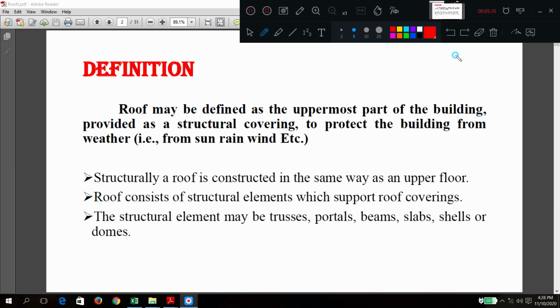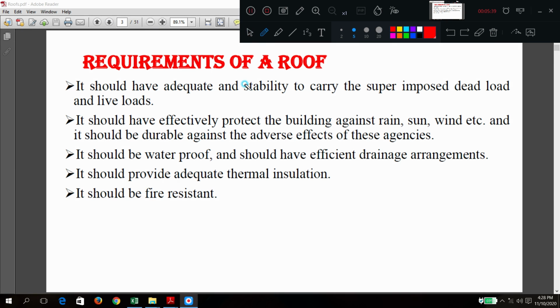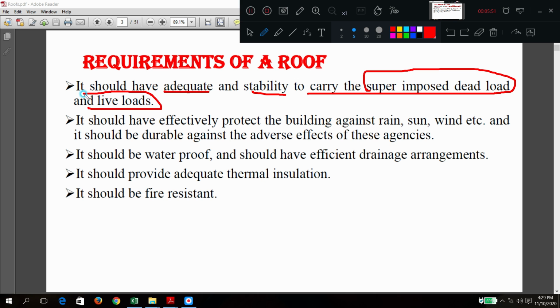I hope the definition part is now clear. Now, what should be the requirements? Very simple: it should have adequate strength and stability to carry the superimposed loads. Loads may be dead load or live load.